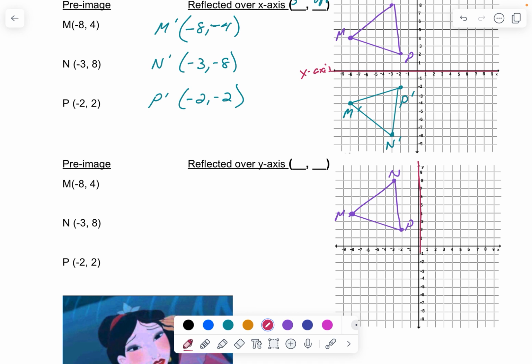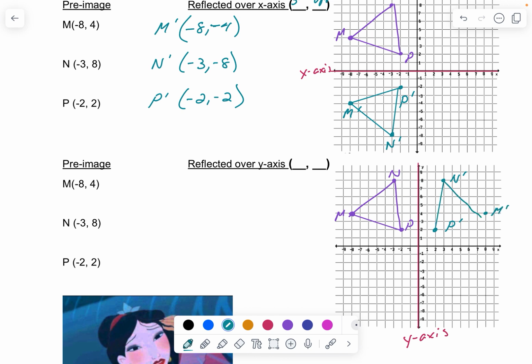So here's my y-axis. This is the y-axis. And we're going to reflect it the same way. Notice P's 2 units away. P prime is going to be 2 units away. N is 3 units away. N prime is going to be 3 units away. M is 8 units away. M prime is going to be 8 units away.